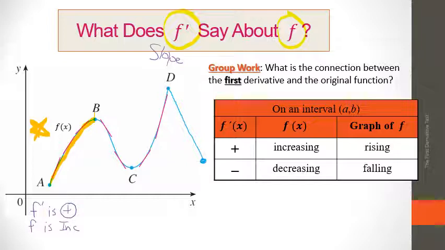Now from B to C, it looks like the slopes are negative here, and the function is decreasing.